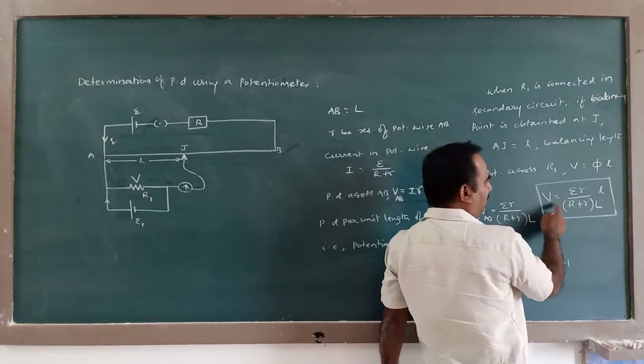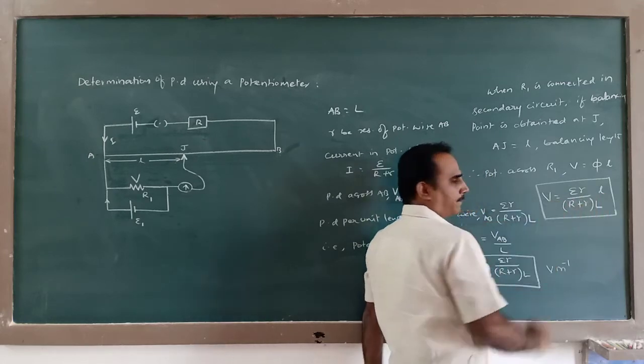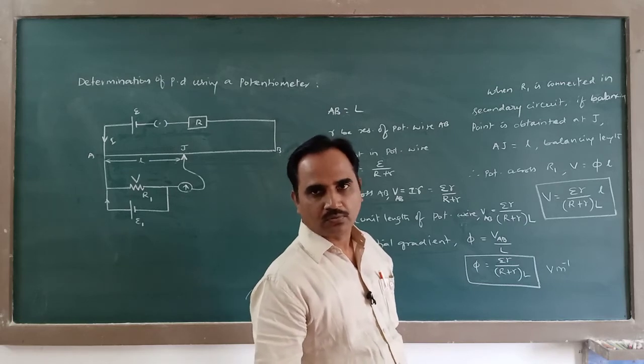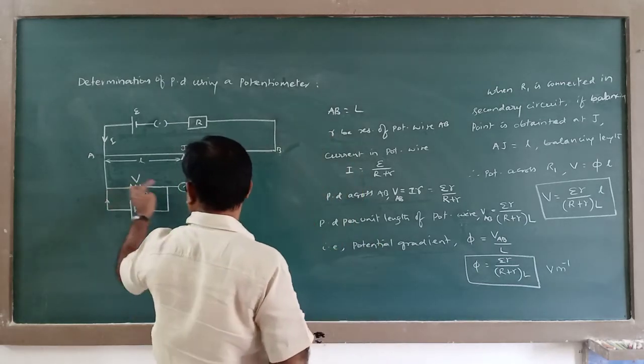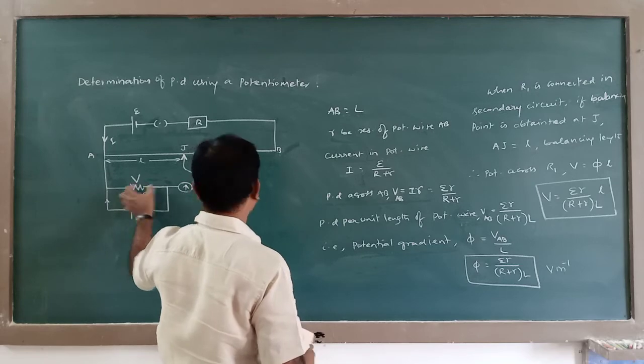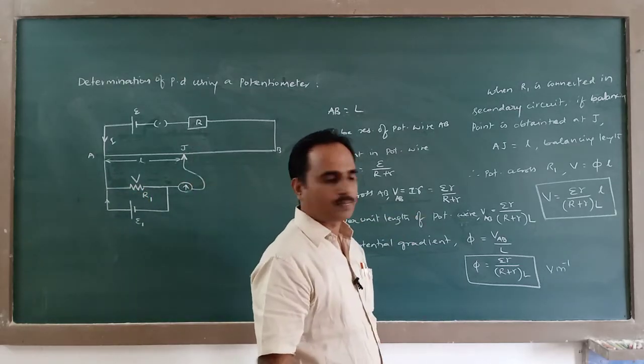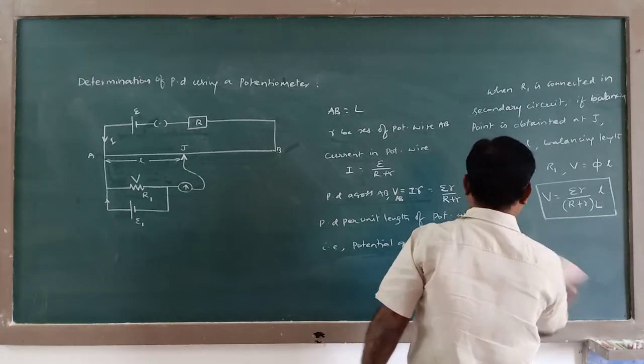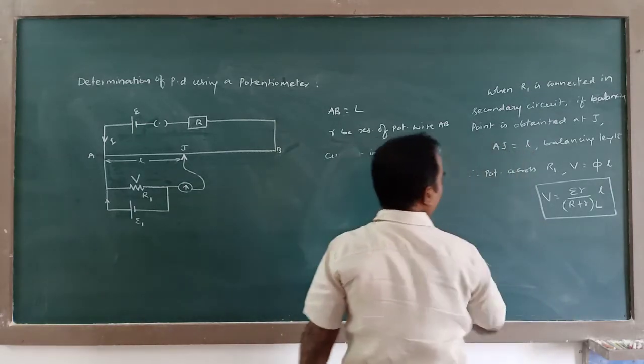By using this formula, by finding the balancing length, you can find the potential difference between any 2 points in a circuit. See, in this circuit, between these 2 points, this is the potential difference. So, what is the principle of potentiometer? This one.